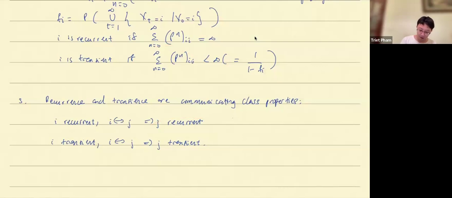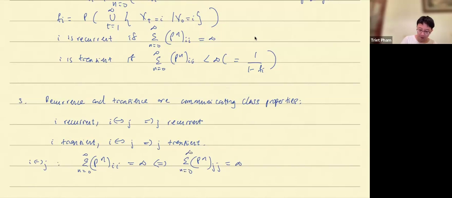Another way to state this is: if I and J communicate, then the sum of P to the n, II is infinite if and only if the sum for J is infinite.